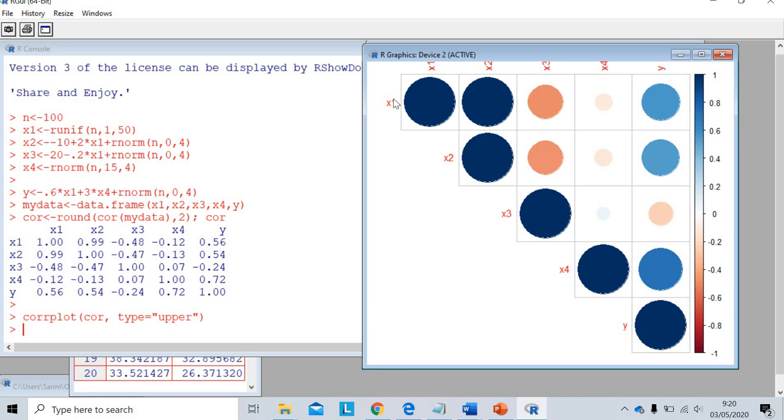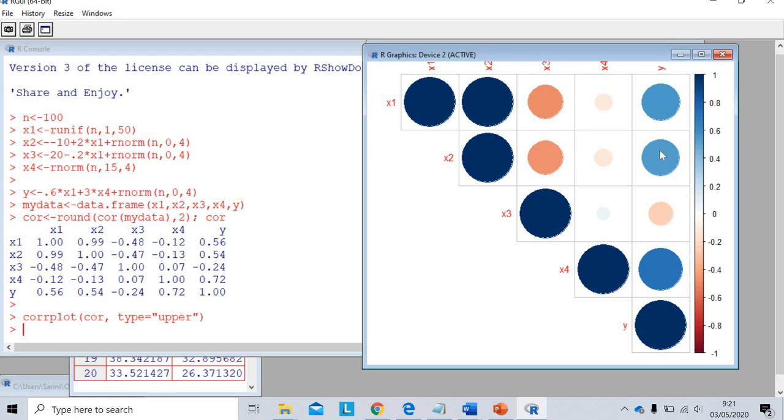Here we can see x1 and x2 highly correlated, and x1 and y highly correlated. That's good because it means x1 is a really good explanatory variable for y. x2 and y is highly correlated, and that's also good. x3 also has quite good correlation with y.